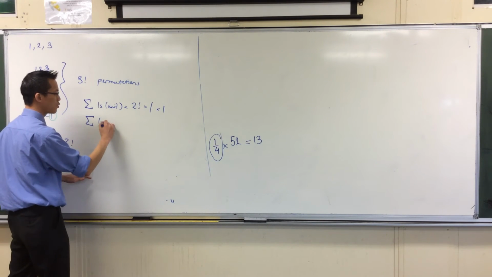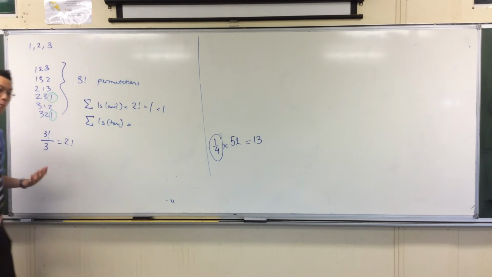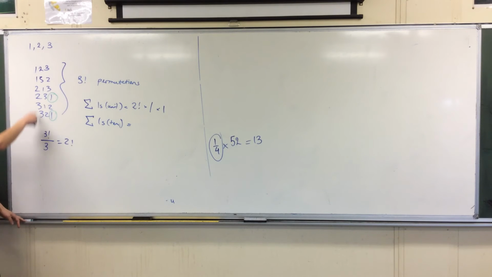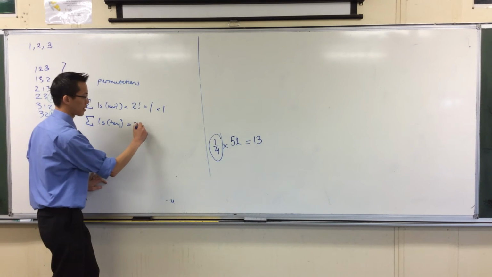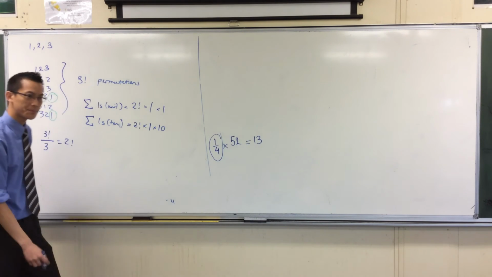If I do all the 1s in the 10s column, how many 1s are there? The answer is exactly the same number, because I have the same number of permutations to choose from, and the same proportion of them will be 1s. So it's still 2 factorial. Each 1 is still 1, but now they're all worth 10.